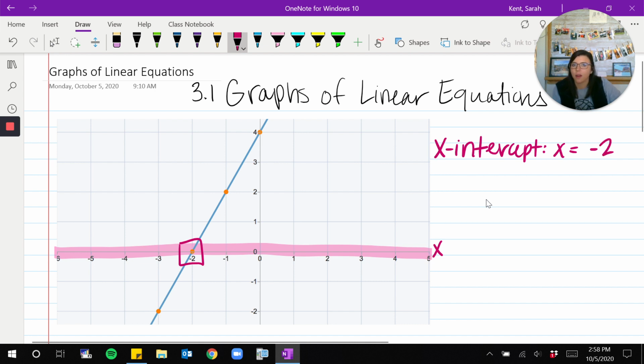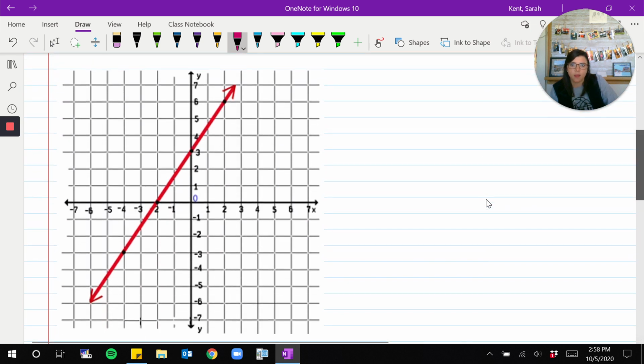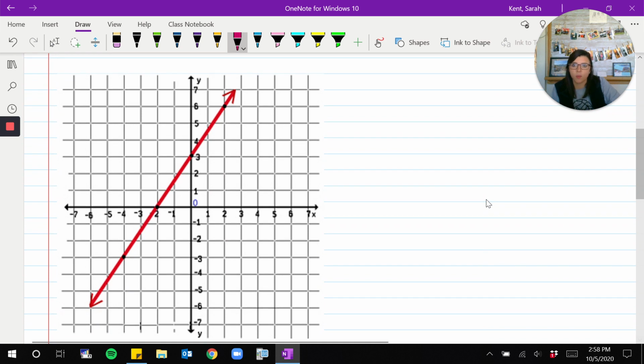All right, let's look at another graph. Let's look for the same part, but a new graph. So here we have a red line, and we're still looking for the x-intercept. So again, this is where our graph crosses the x-axis.